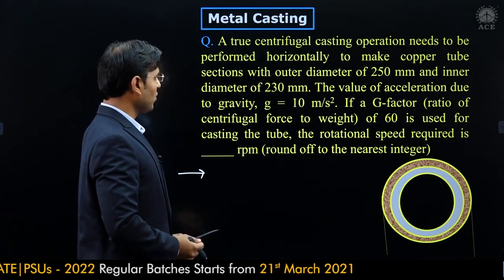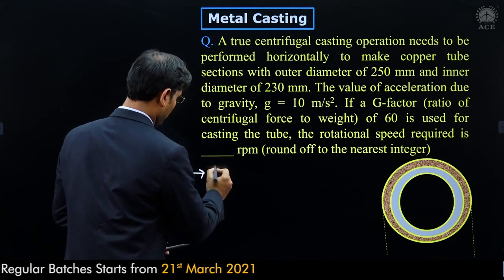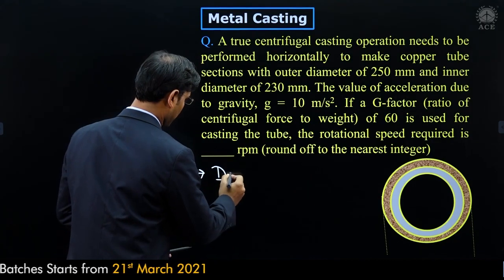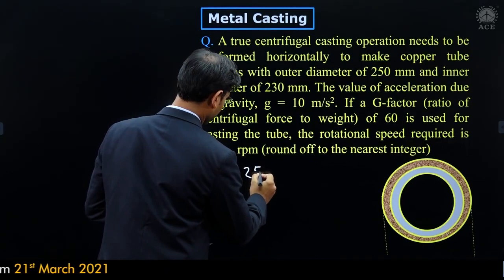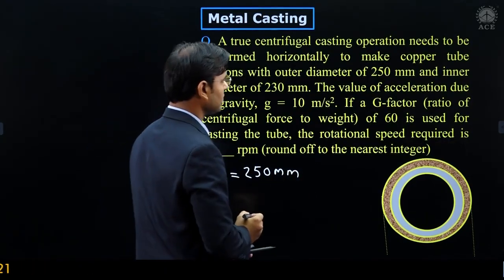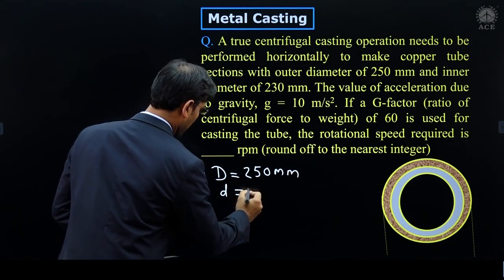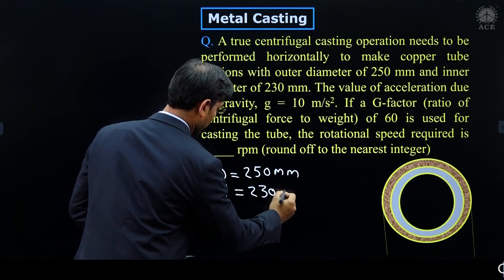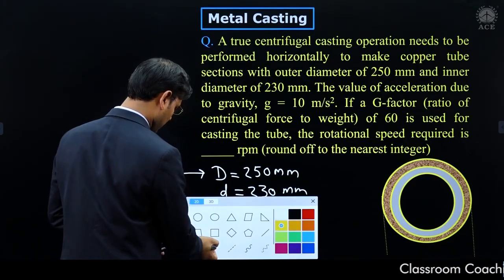To make the copper tube section, you can see the outer diameter of the copper tube is given, that I am writing, that diameter is 250 millimeter. And inner diameter of 230 millimeter. I just want to show you in the diagram the outer and inner diameter.